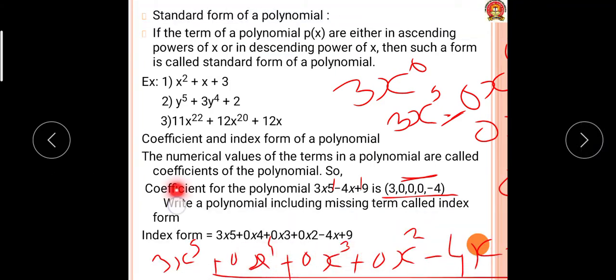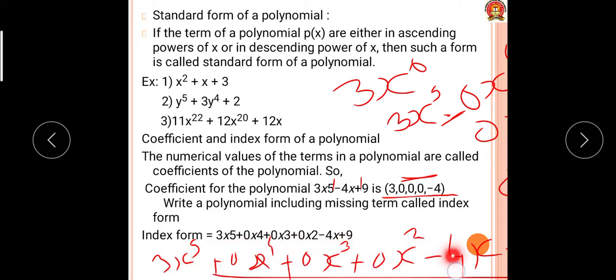Okay, so in the coefficient form, firstly write the given polynomial in the descending order of degree, including all the terms, means all the powers, then write their coefficients separated by commas. Writing a polynomial including missing terms is called index form, as I told you.